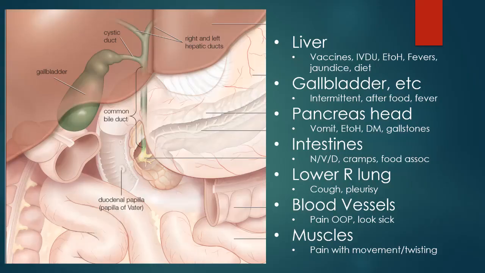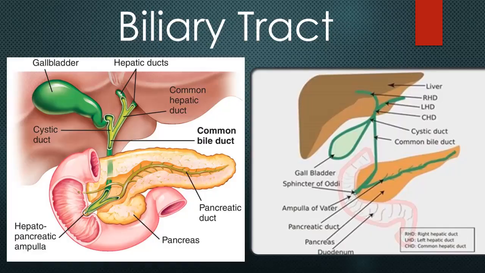Now, the most complicated part of the right upper quadrant is always the biliary tract. I think students struggle with this the most, so I'm going to emphasize this most during this lecture. Both of these pictures that I have presented here are representing the exact same thing, which is the biliary tract, or the anatomy of the biliary structures.